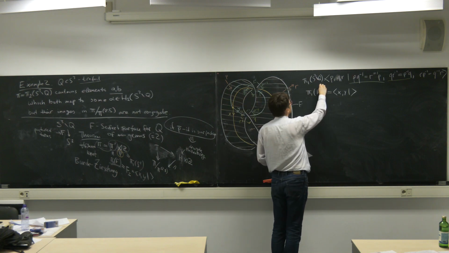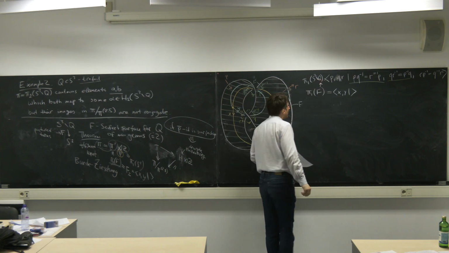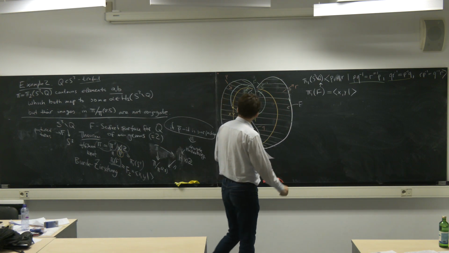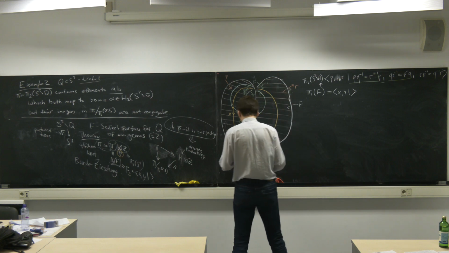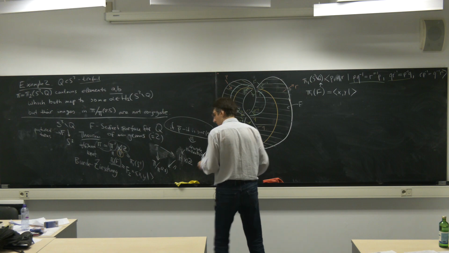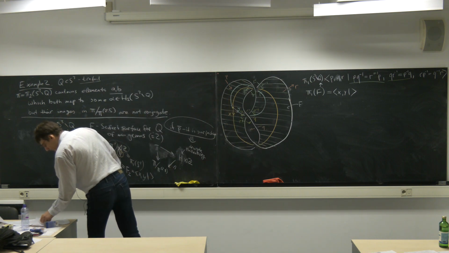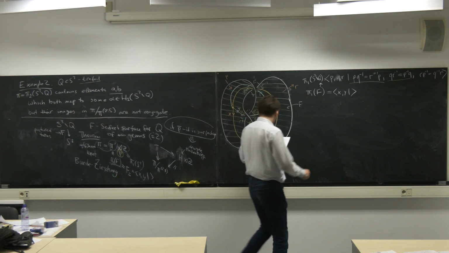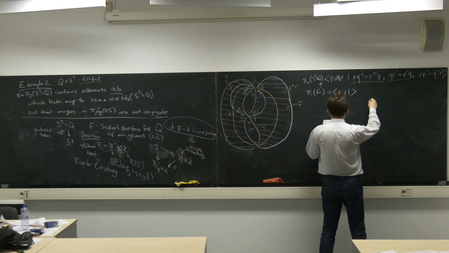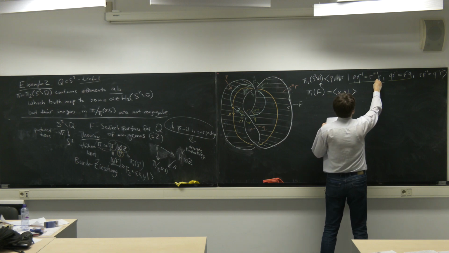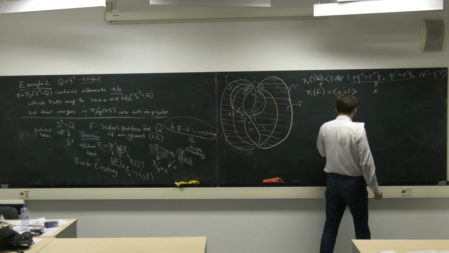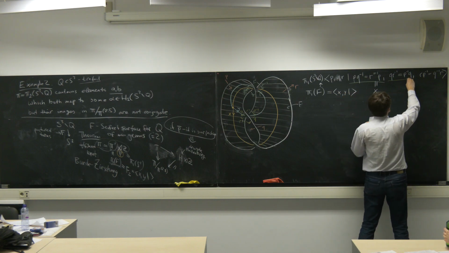But also, at least this map is injective. So I can write x and y in terms of p and q, namely this will be x and this will be y.